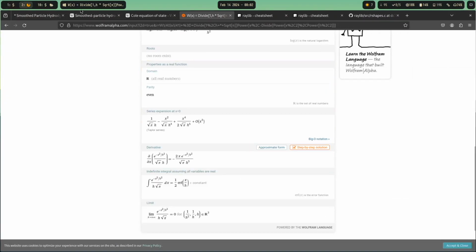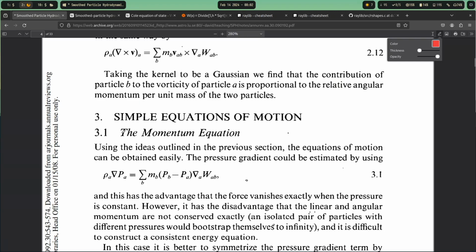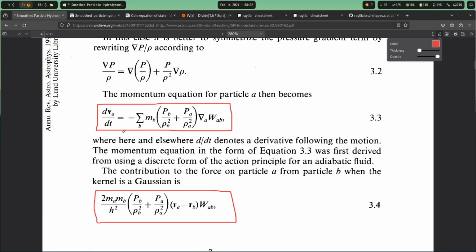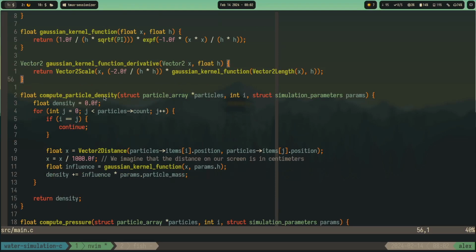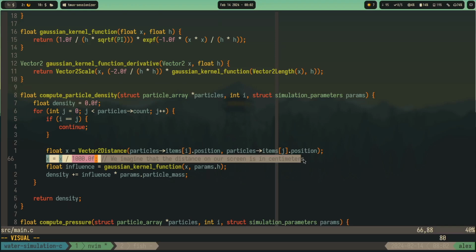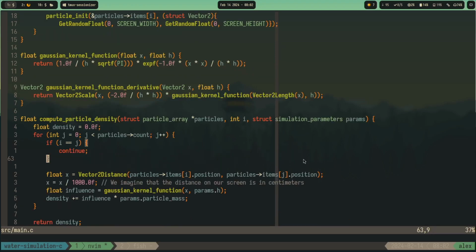Okay, it was here. Alright, my only concern is that here we were dividing by 1000.